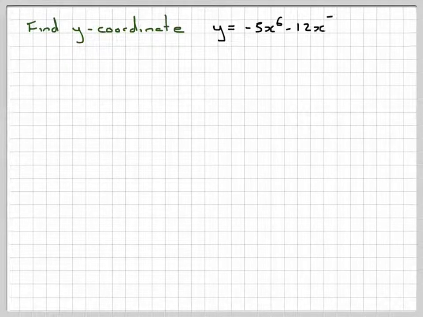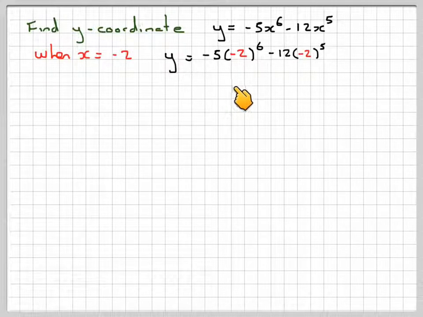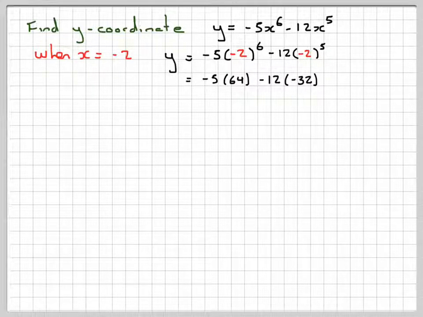Okay, and the final step is to find the y coordinate. Make sure we use the right one. We're using y this time. So substituting in when x equals minus 2, y equals minus 5 times minus 2 to the power of 6 minus 12 times minus 2 to the 5. Minus 2 to the 6 is plus 64, and minus 2 to the 5 is minus 32.